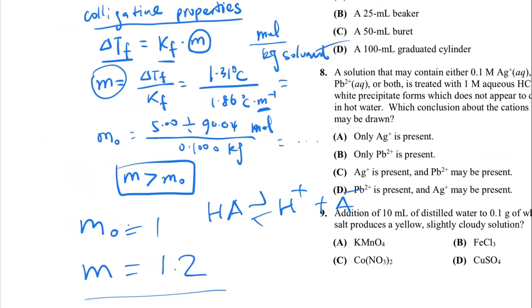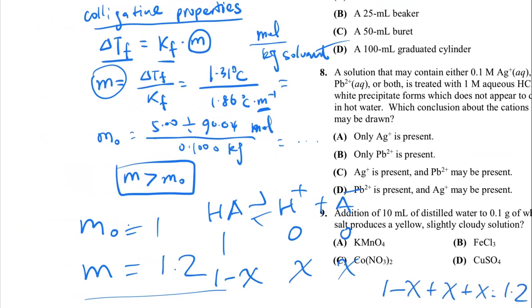So the initial is 1, 0, 0. And at equilibrium, it's 1 minus X, X, and X. So you know 1 minus X plus X equals 1.2. So you can solve for X. After you solve for X, X divided by 1 will be the percentage of dissociation, right? And how many percent of the original acid is dissociated. Does this make sense to you?